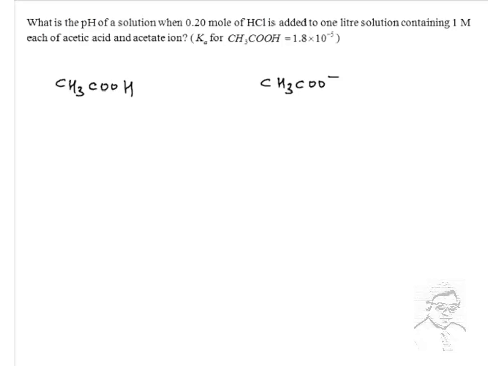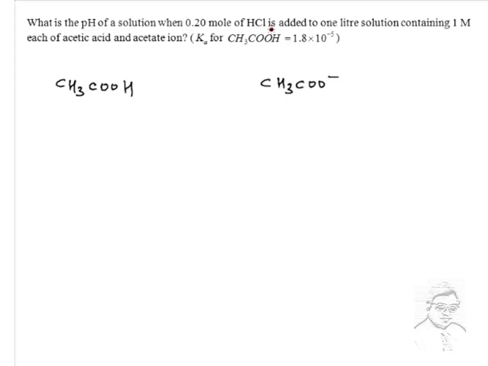Now, when you add HCl, you know that CH3CO minus is a conjugate base of the acid CH3COOH. So CH3CO minus is a conjugate base.